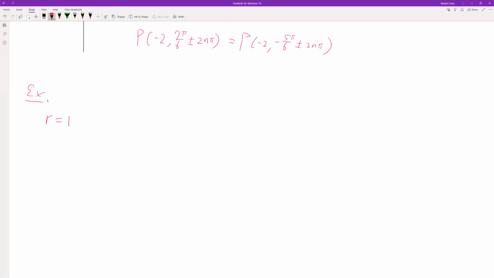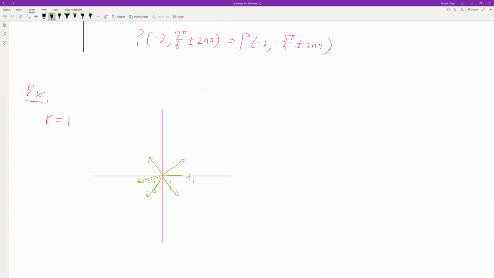Now, in this case, what we have is this, right? We have the plane, and then we have r is equal to 1 right here, right? And then since theta can be anything, it can also be this one, or that one, or that one, or that one, or that one, right? Maybe a little longer.